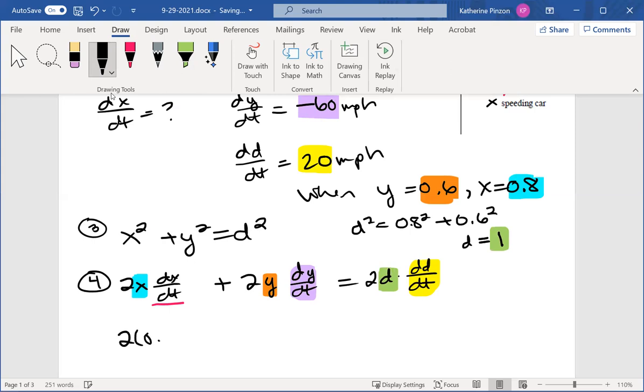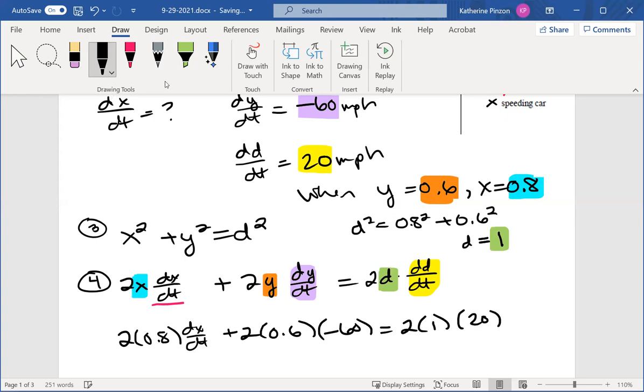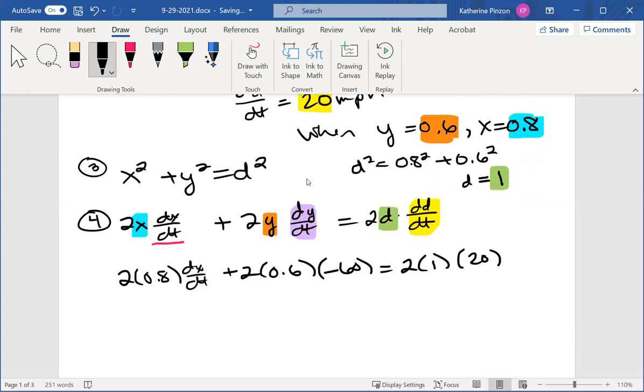Okay, 2 times 0.8 dx/dt plus 2 times 0.6 times negative 60 is 2 times 1 times 20. Okay, 2 times 0.8 is 1.6 dx/dt minus, what's that? 36 times 2, 72, is 40.